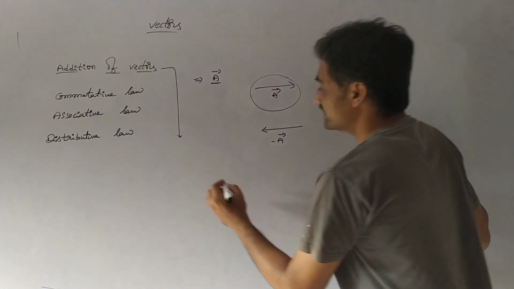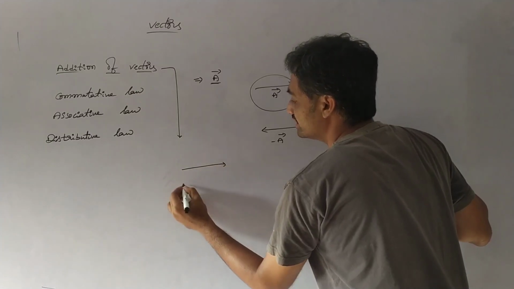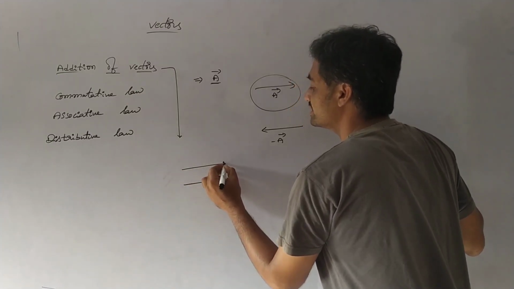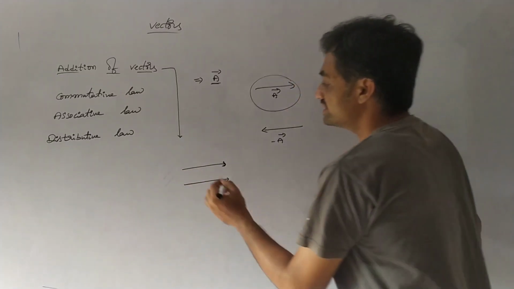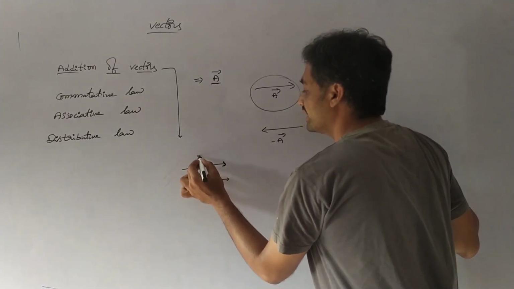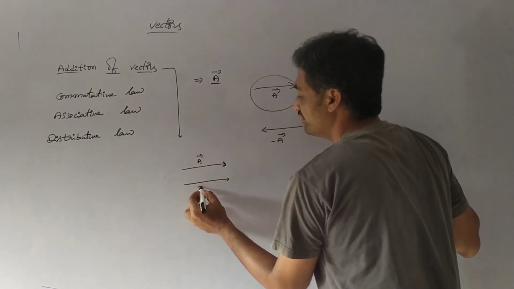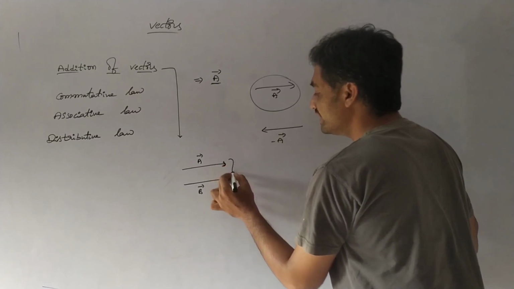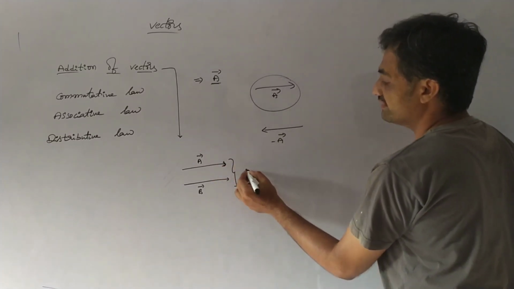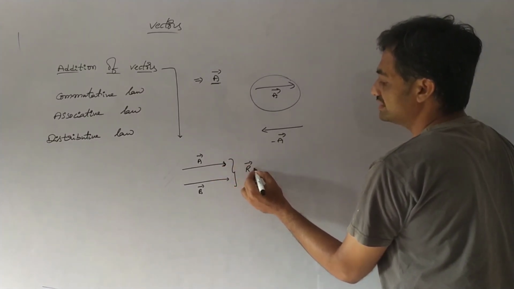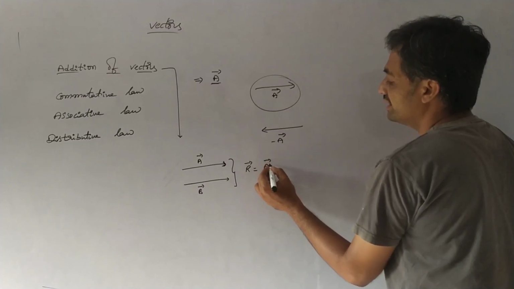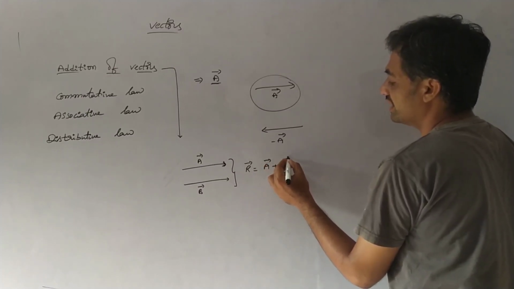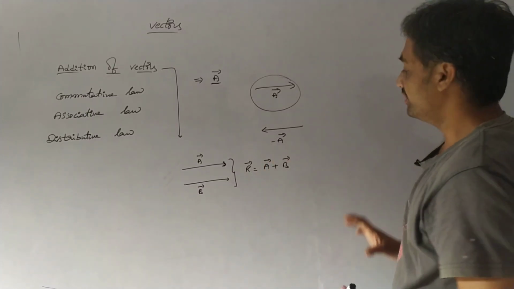Let us consider two vectors acting along the same direction, the vectors A bar and B bar. Then the resultant of these two vectors is given as R bar equals A bar plus B bar.